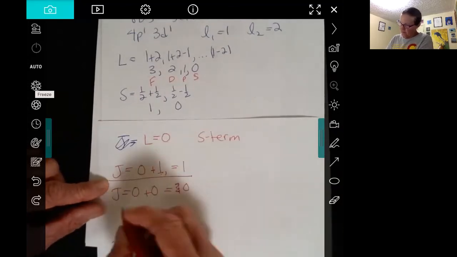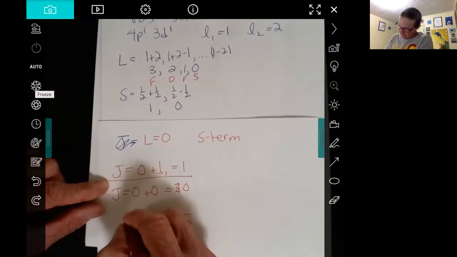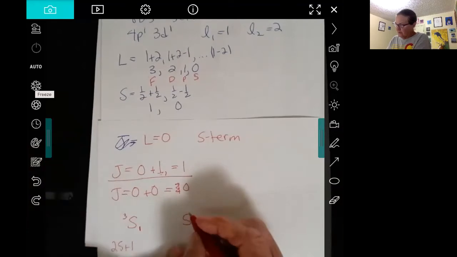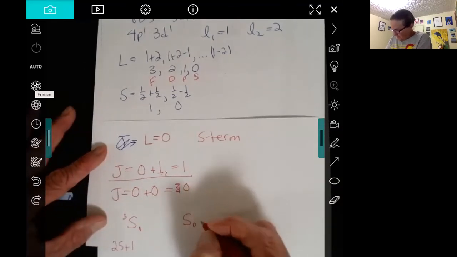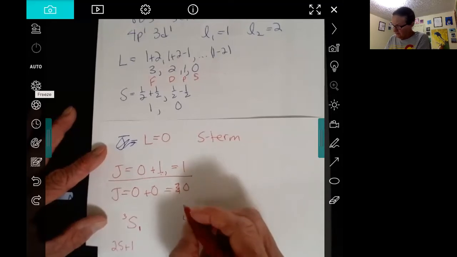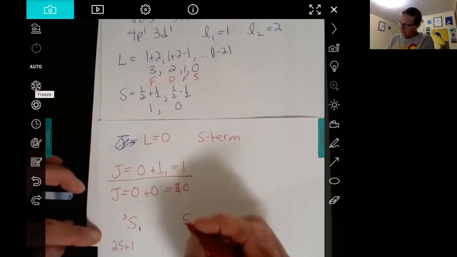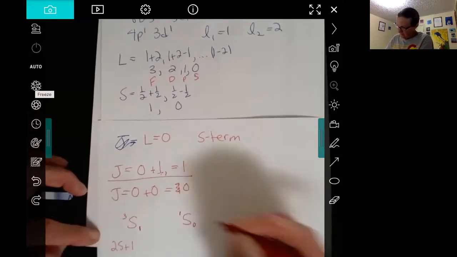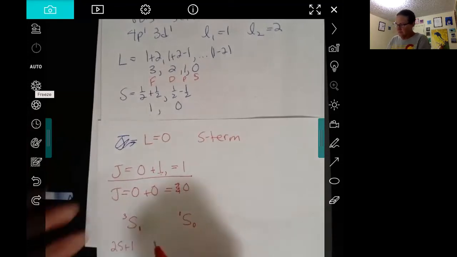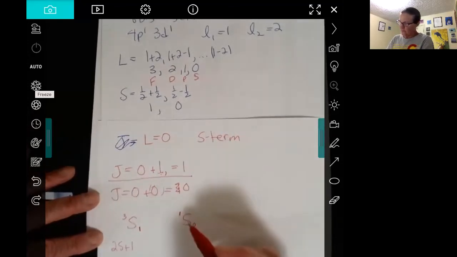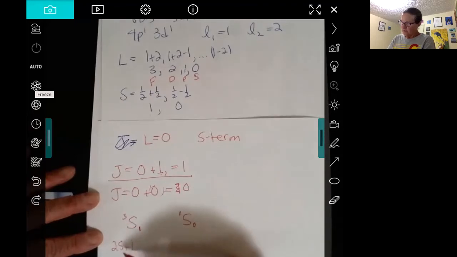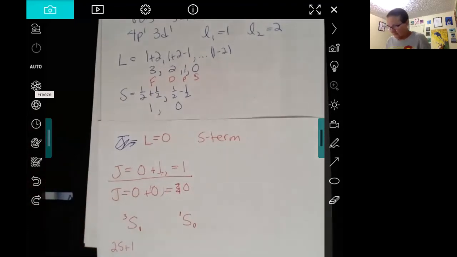This had a spin of 1, so that means this is a triplet. This had a spin of 0, and it has total angular momentum of 0, so it's a singlet. It was when I coupled it with S equals 0, so that gives me 2 times 0 plus 1. So that's the coupling for the S terms.